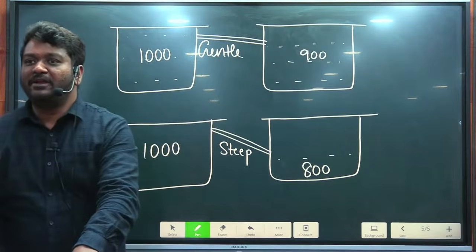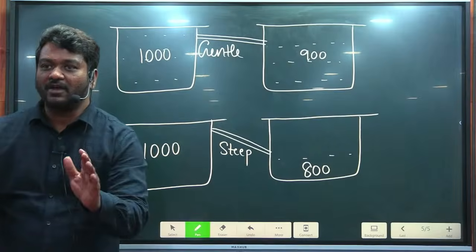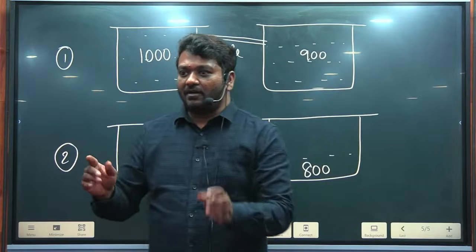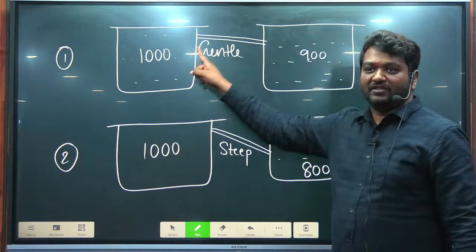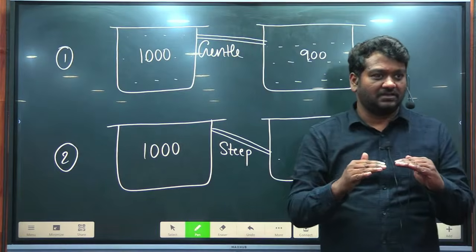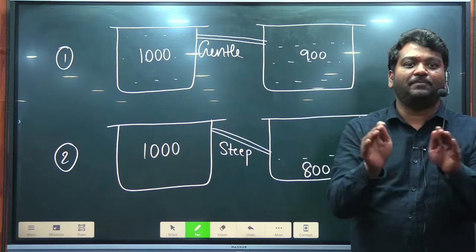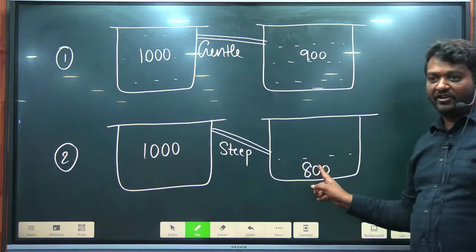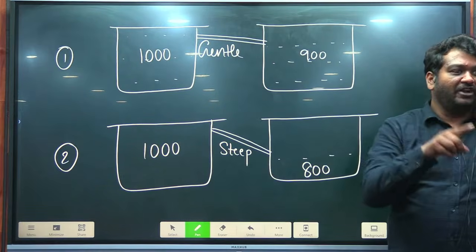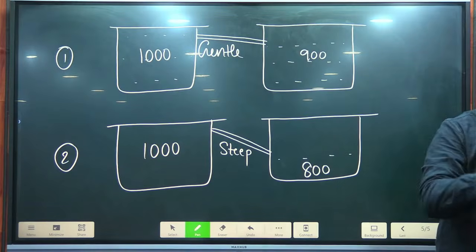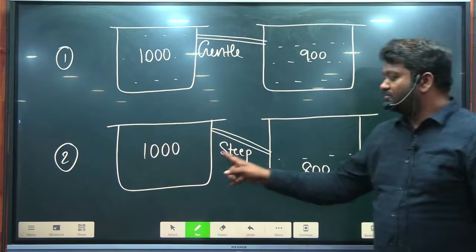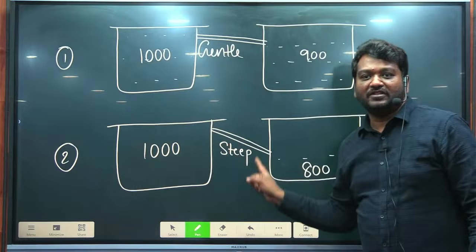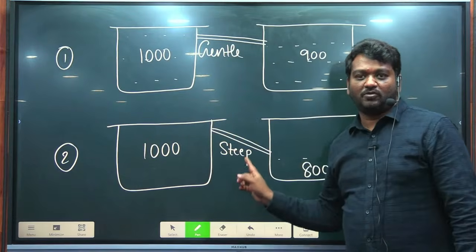Now let me give you UPSC question. Okay, whenever pressure difference is less, then wind speed is less. Whenever pressure difference is more, wind speed is more. Do you all agree with me? Yes. That means more pressure difference means, can I say steep slope?